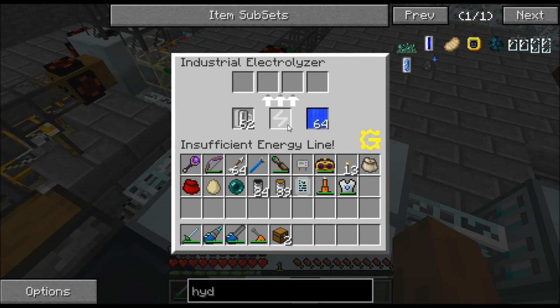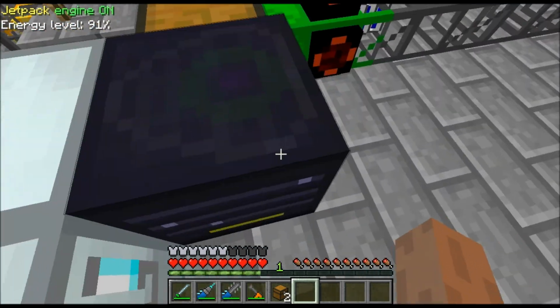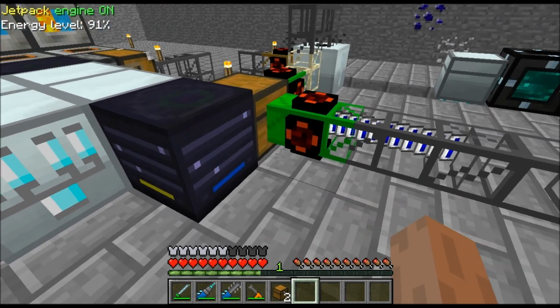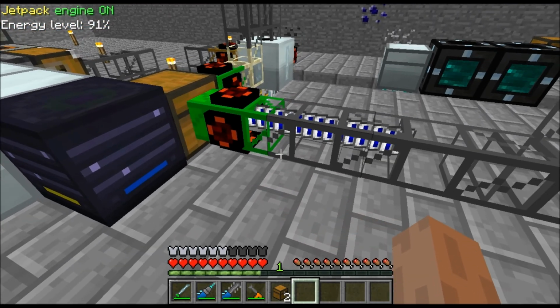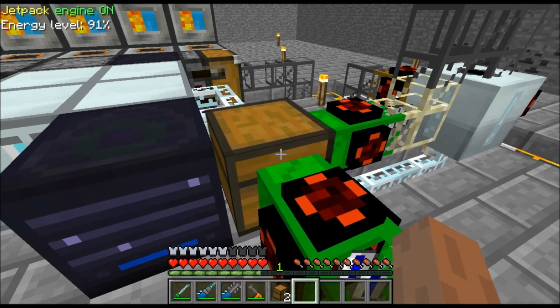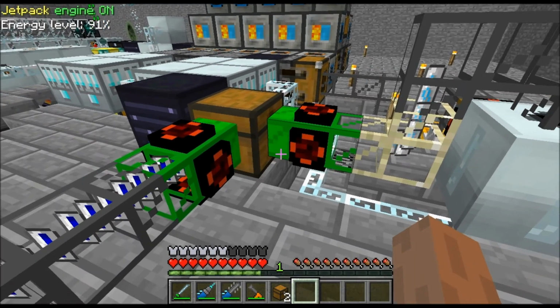Once the water is electrolyzed and it finishes that process, the hydrogen and the compressed air cells get pulled out by this router, and you can see the hydrogen going down one path, and once it's finished, the compressed air goes out the other path.